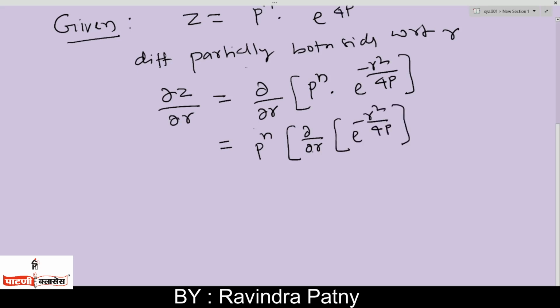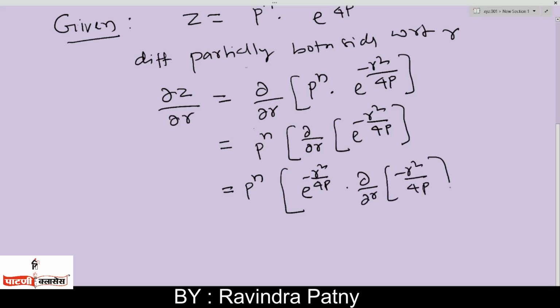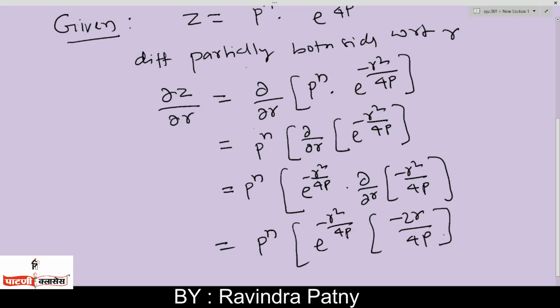Since we are differentiating partially with respect to r, p raised to n has no role, therefore we have taken p raised to n outside. Now the differentiation of e raised to something is e raised to minus r square upon 4p into ∂/∂r of minus r square upon 4p, equals p raised to n e raised to minus r square upon 4p into minus 2r upon 4p.